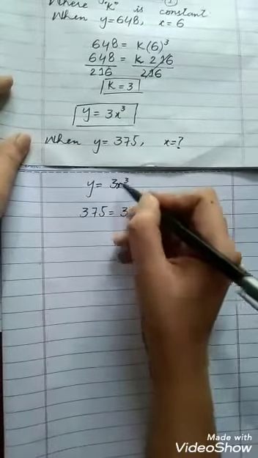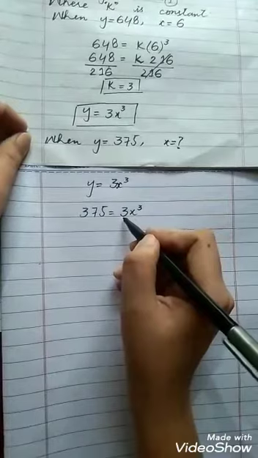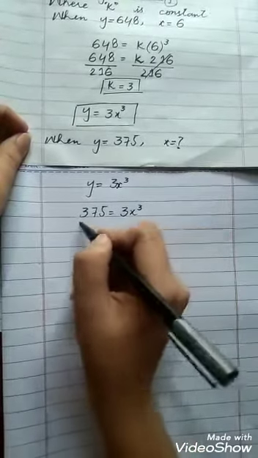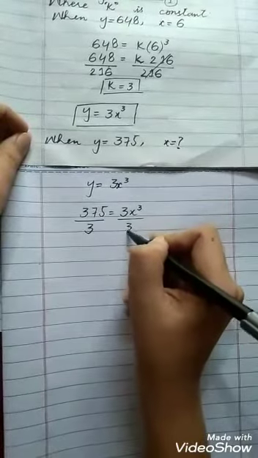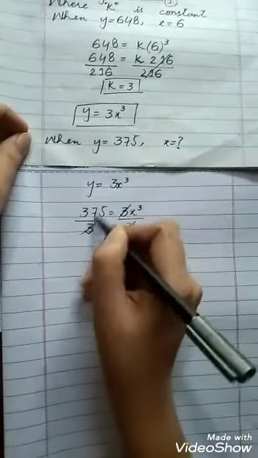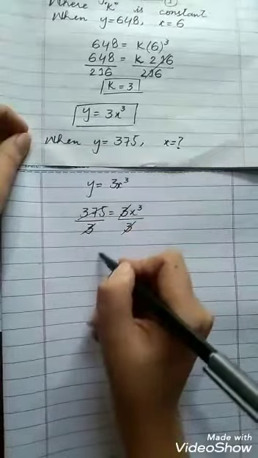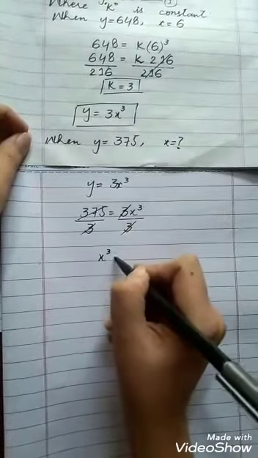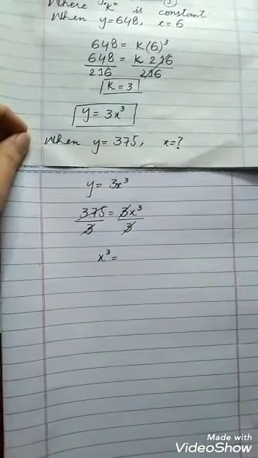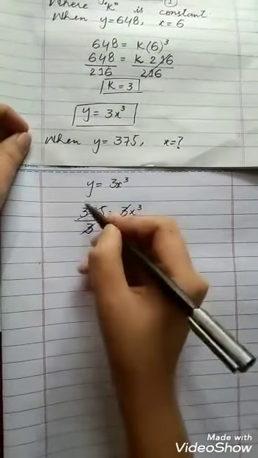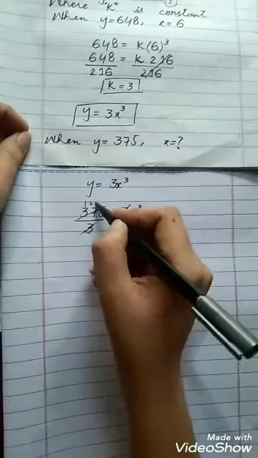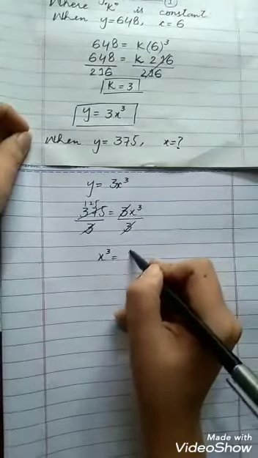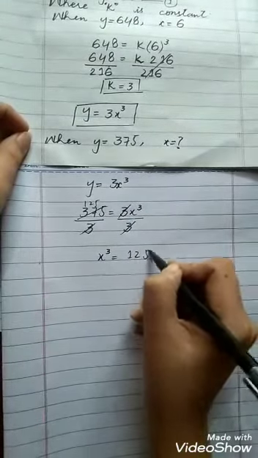Basically we need x, not the coefficient of x, so it is extra. We will divide by 3 on both sides to remove it. After dividing, what do we get for x cube? Let's check. 375 divided by 3 gives 125.